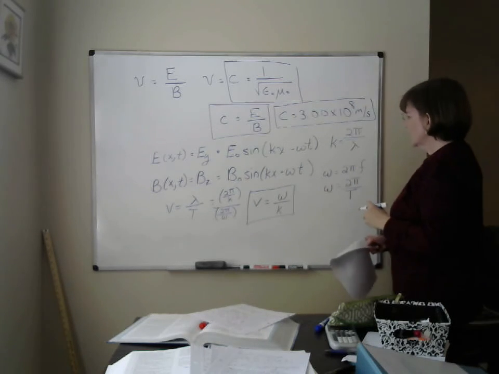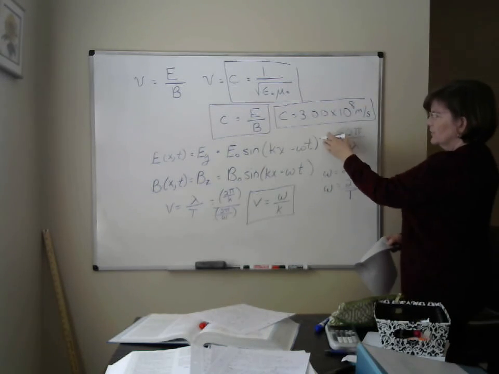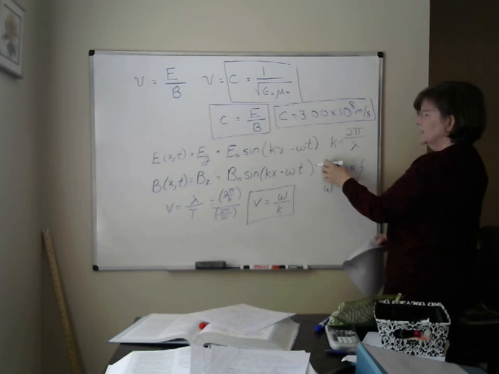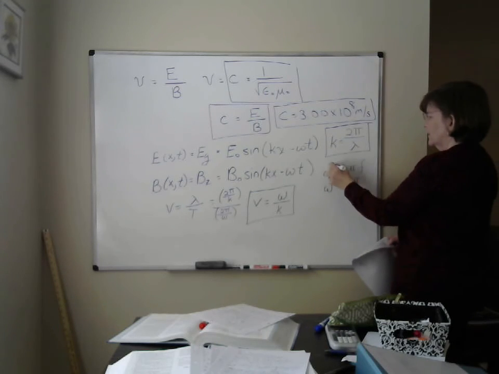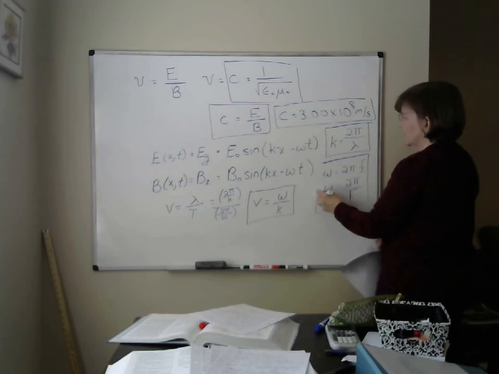So we've got a lot of good formulas. We've got our two wave equations. You need to be comfortable with those. We have our definition for our wave number and for our angular frequency.